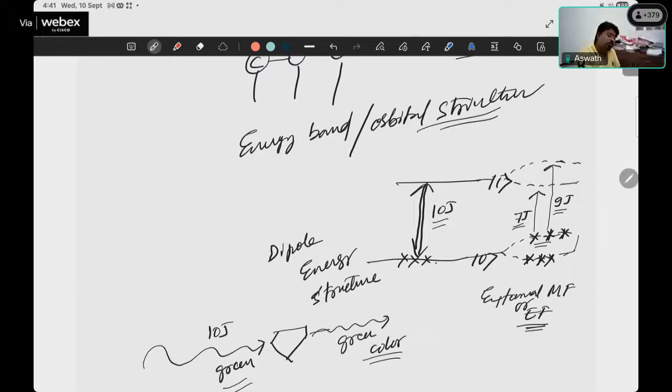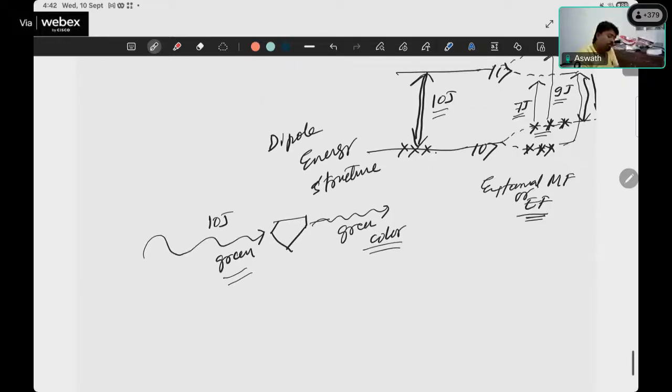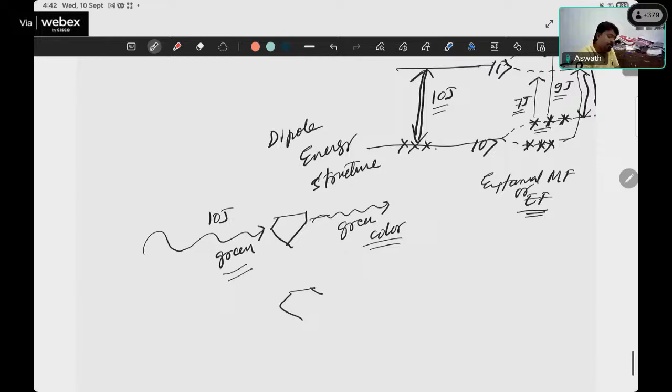Let's say they jump to this level, and while coming back they come back and sit here. When they come back and sit at that level, they take 10 joules and emit, let's say, 8 joules. So in the second case, the green light is coming in, and they emit, let's say, a pink color.